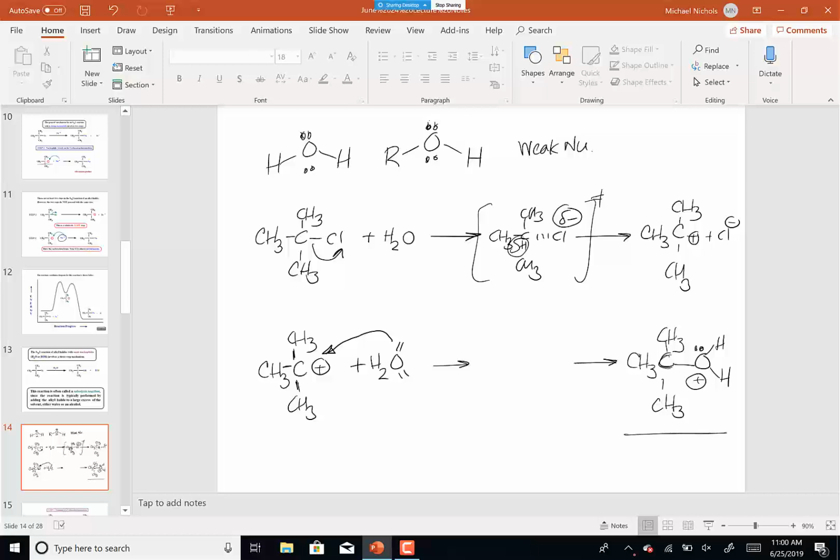What's the formal charge on the oxygen? +1. It's sharing and owning 8 total. It shares 6, it owns 2 outright. It owns the 2 outright, then 1 in each of the 3 bonds.